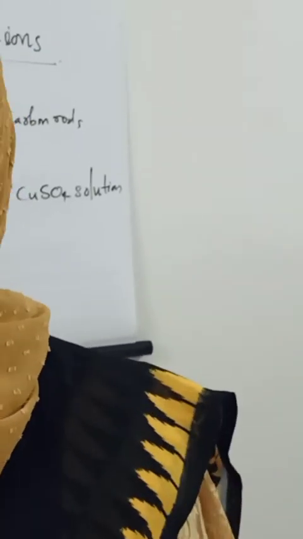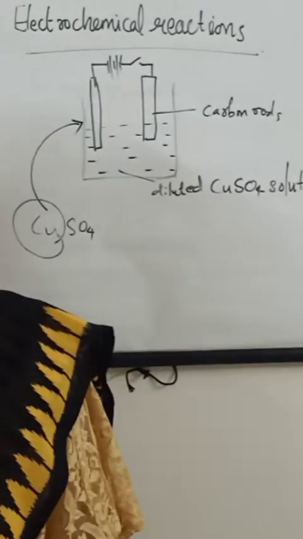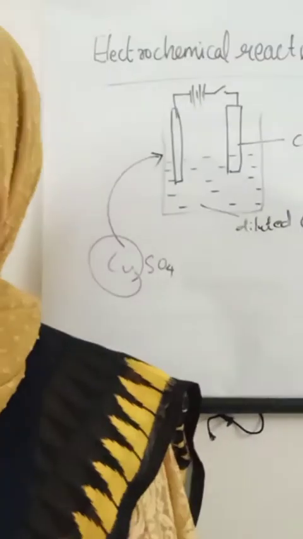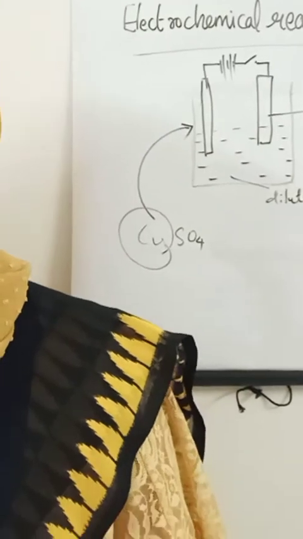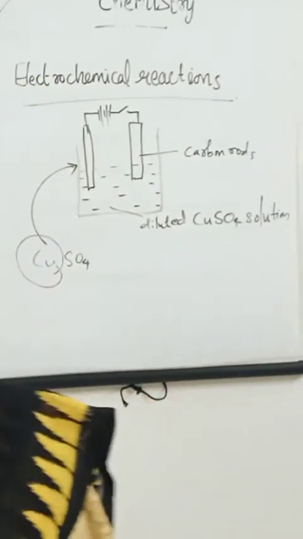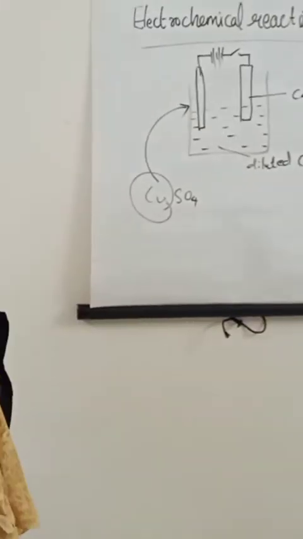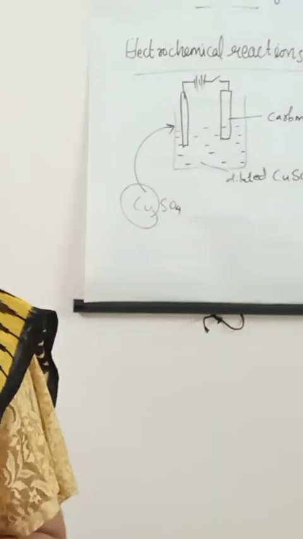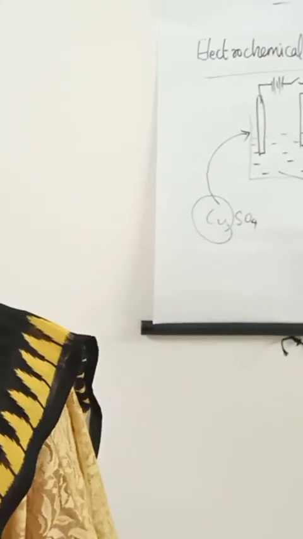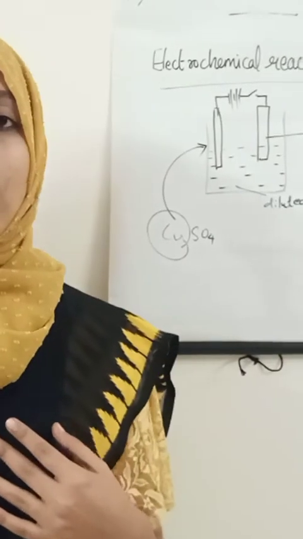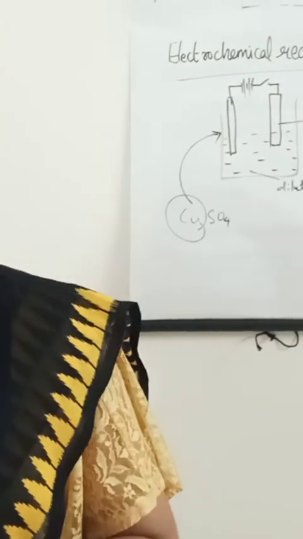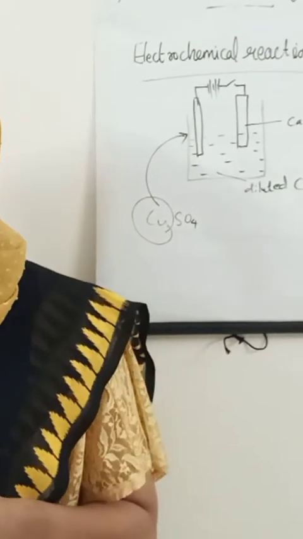When we switch on and provide electricity, we see that a chemical change happens in this experiment. So this is an electrochemical reaction. Which form of energy is responsible for this chemical change? Can anyone say? Yes, very good. It's electrical energy.